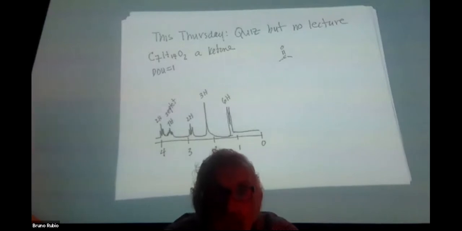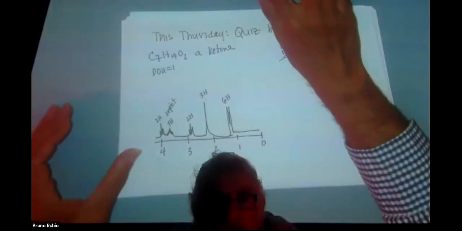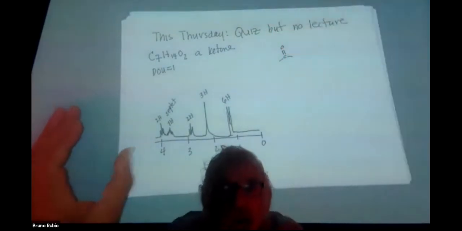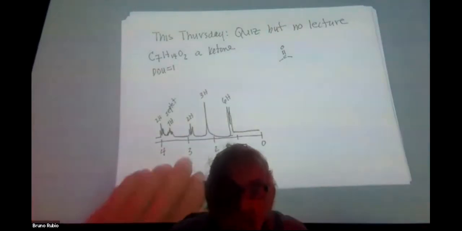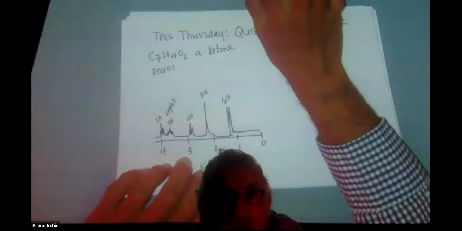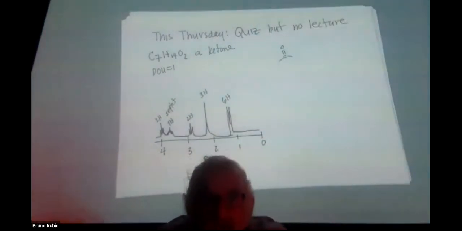It's split into a doublet. So what does that mean about who lives next door? Tell me in the chat, how many hydrogens live on the carbon next door? It's just going to be 1, right? Because this signal is split into a doublet. So there's just 1 hydrogen on the neighboring carbon.